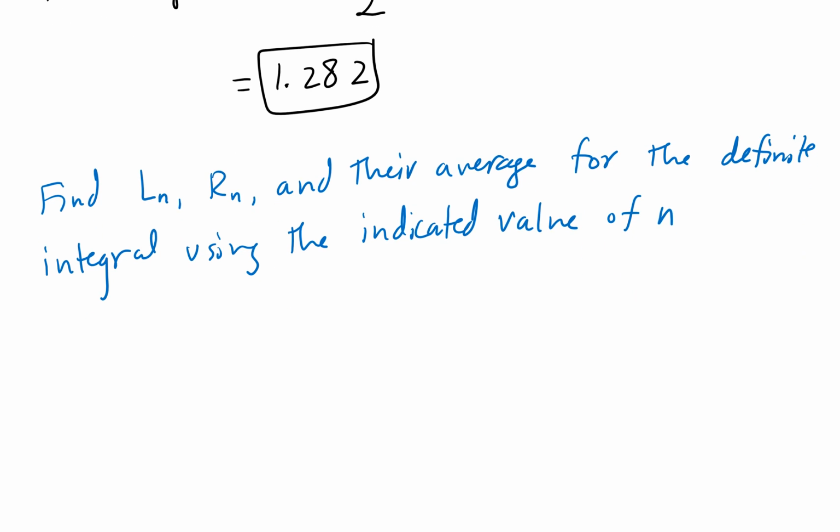So what's the integral? Let's say it's 2x cubed minus x dx from 2 to 5. N is 6.